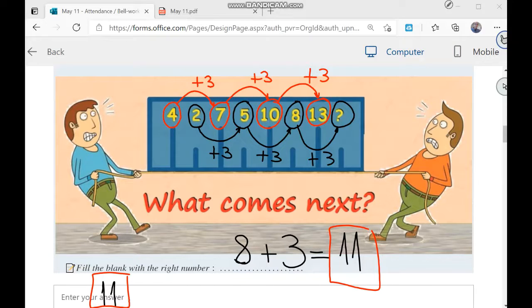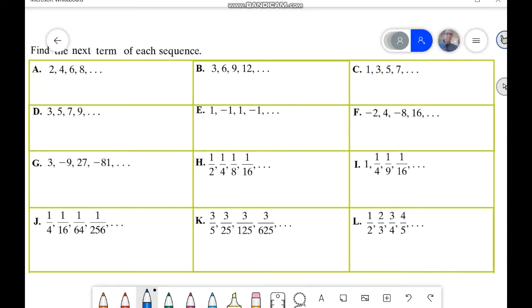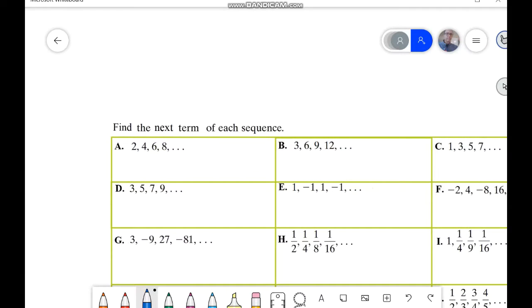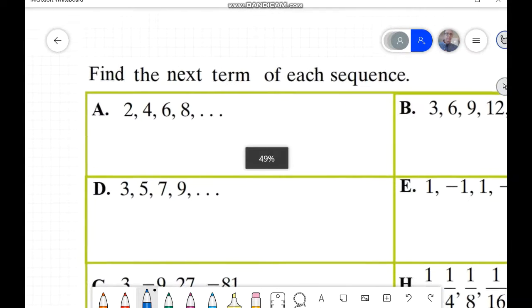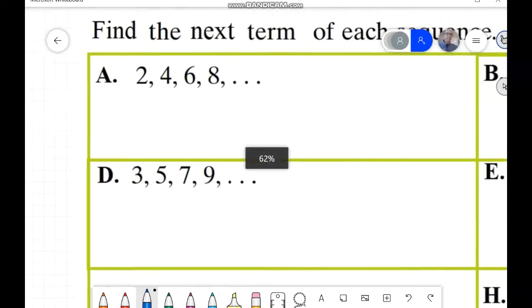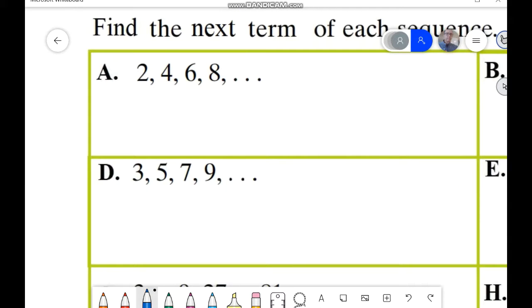The quiz is, if you figured this out, if you understood this bell work, you will find the quiz easy. Look what we have. Find the next term of each sequence. On letter A, we have the sequence 2, 4, 6, 8. What's going to be the next term?